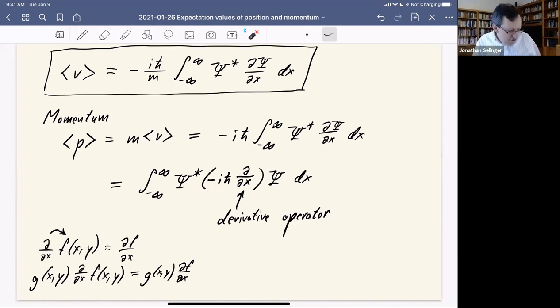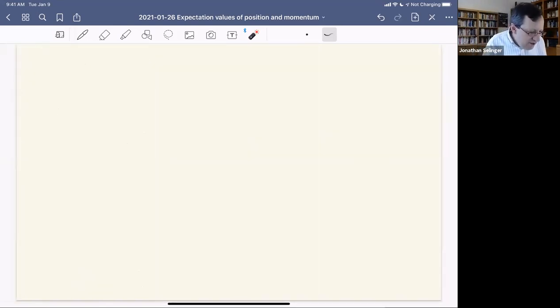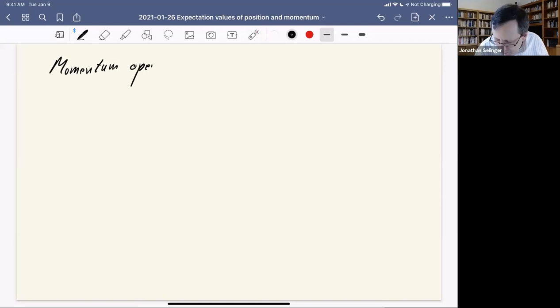So we will say that there is a momentum operator, which is negative i h bar d by dx.